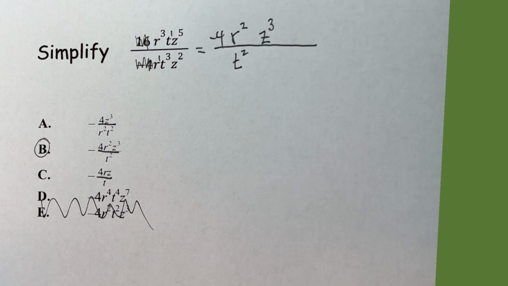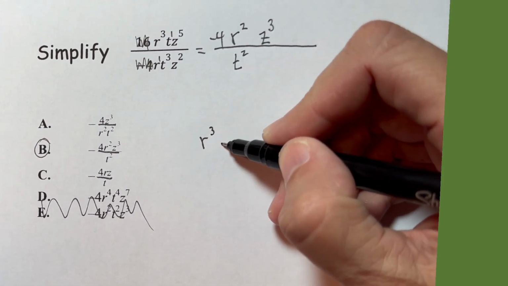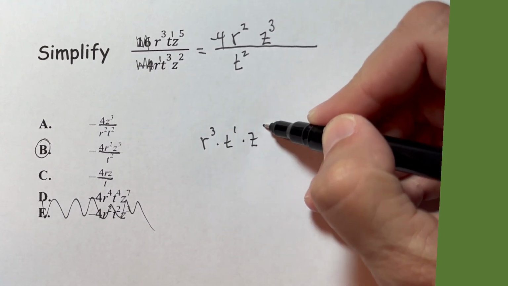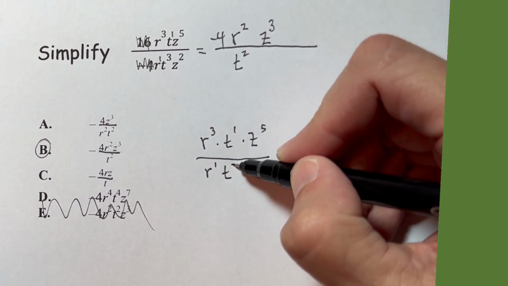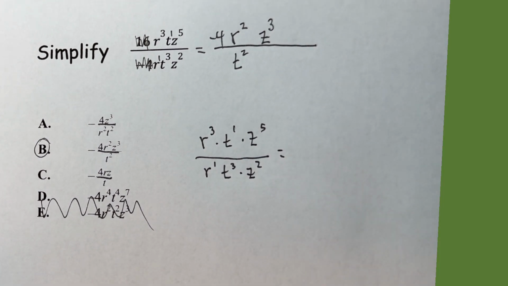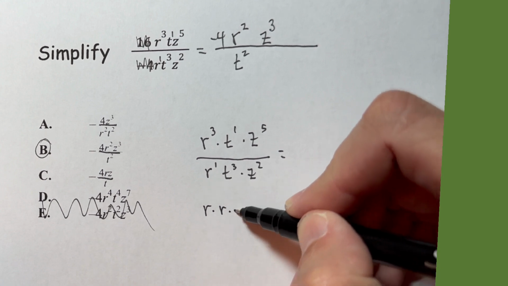Now I'm going to show you another way to do the letters. So let's just look at the letters. We've got r cubed times t to the 1 times z to the 5 all over r to the 1 t cubed z squared. If you struggle with the rules, r cubed is just r times r times r.